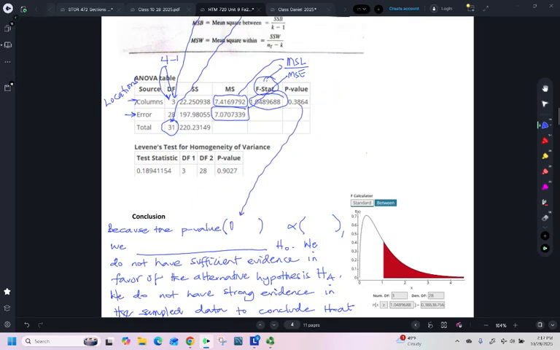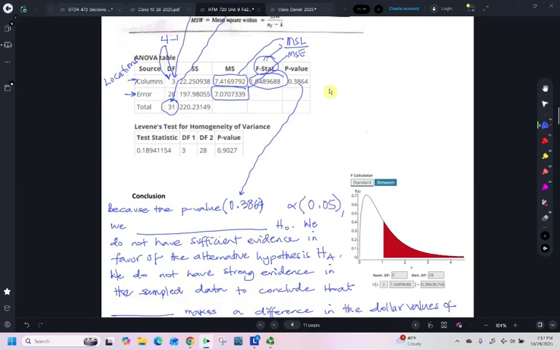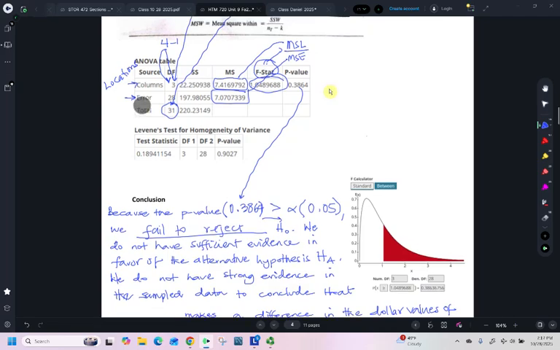So this p-value is 0.3864, compared to the default level of significance alpha. This is absolutely greater than alpha. And when the p-value exceeds alpha, we fail to reject the null hypothesis.